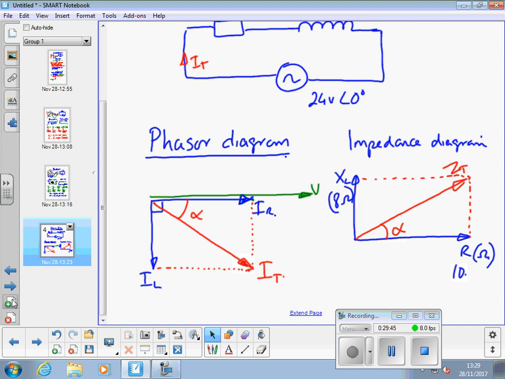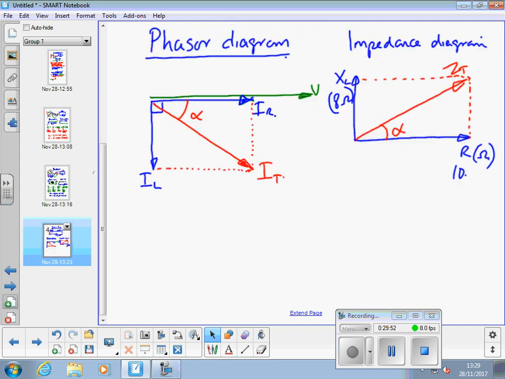So, how can we calculate the total impedance for this circuit? Two ways. What way would you go for? Find ZT. Pythagoras, yeah.